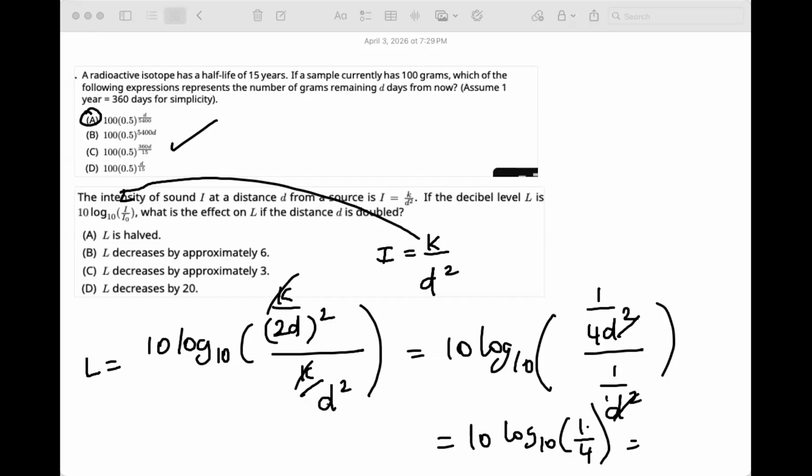How did you conclude, Rishit? So afterwards, I substituted random numbers for K and D, and then I noticed the difference after the distance D doubled, and I concluded that L is halved. But I am getting a decrease by 6, right?